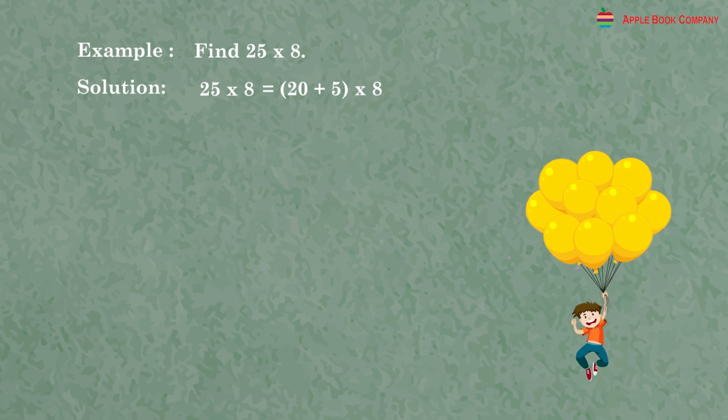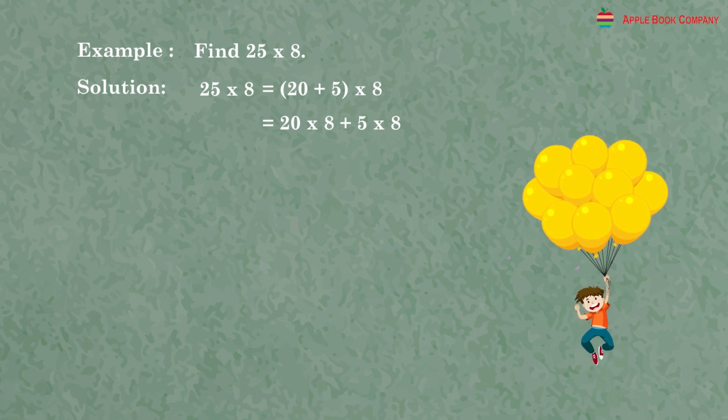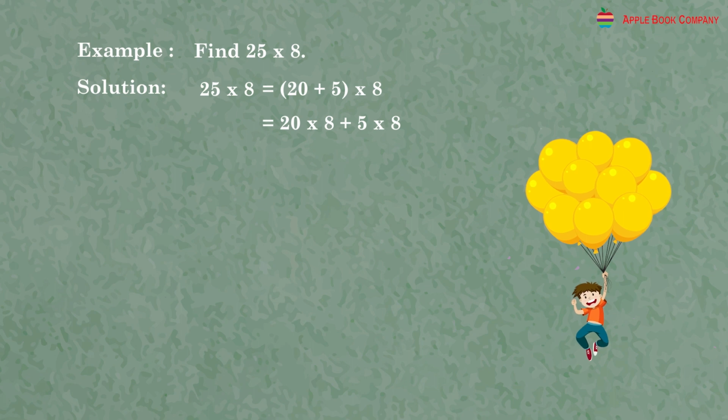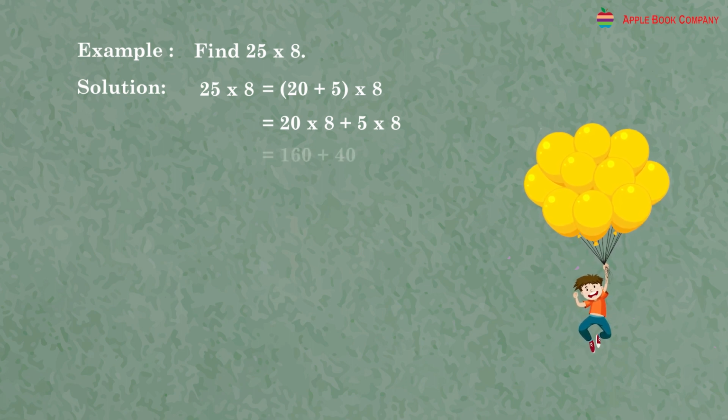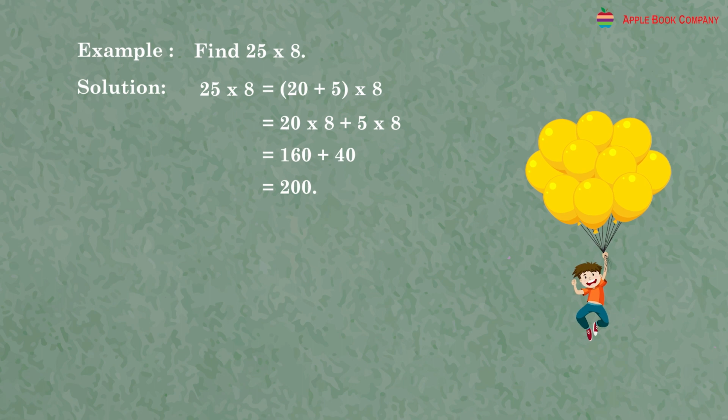Then multiply separately, which is equal to 20 multiplied by 8 plus 5 multiplied by 8. Add, which is equal to 160 plus 40 is equal to 200.